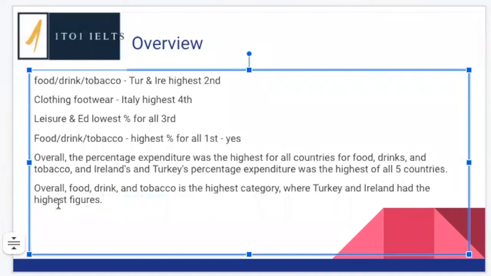So here it's a lot more concise. We just put them together. This is now very clearly one key feature. When we say Turkey had the highest, Ireland had the second highest, that to me looks like a number of key features. Whereas here, Turkey and Ireland had the highest figures. This is one feature. So it's a lot more concise and we're keeping our word count down. Okay, so Gabby's got an overview we're going to look at.